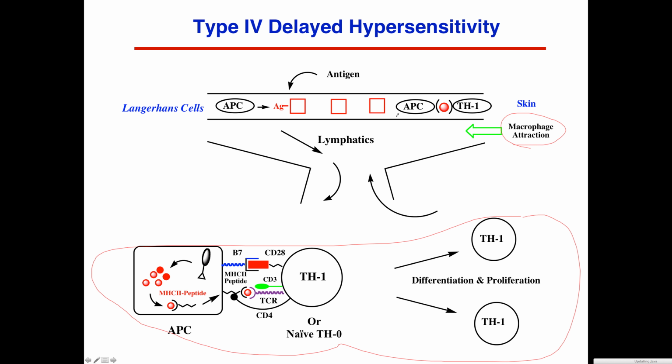But it can be very delayed in its ability to manifest itself. And even later responses can take a while because these Th1 cells will go away with time, but they can be reactivated, and so it can still take time to fully develop that allergic response. So that's why it's referred to as delayed.